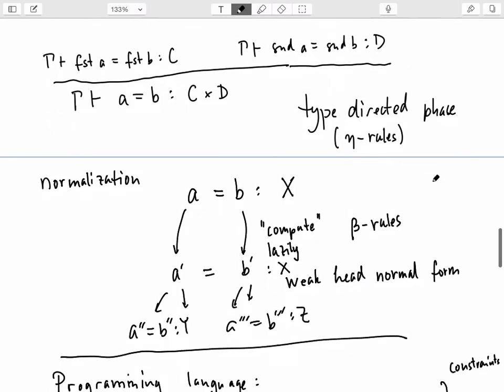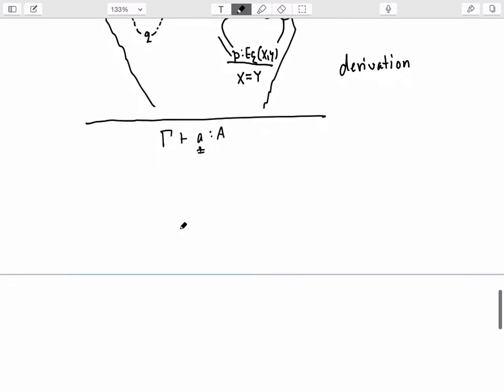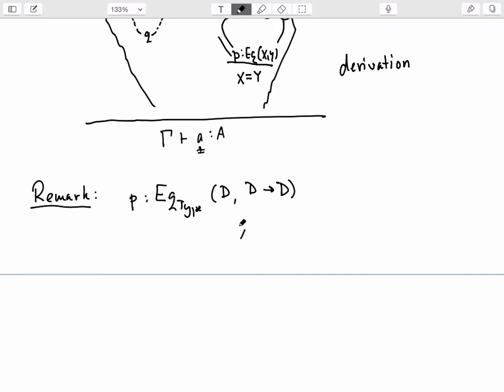Okay? You cannot run this algorithm. If you run the normalization algorithm, oh, by the way, things can go horribly wrong. So maybe just as a remark, I can, of course, have an assumption that there is a type D which equals D arrow D. And once I have such an assumption, I can well type non-normalizing terms. I can well type lambda x xx.